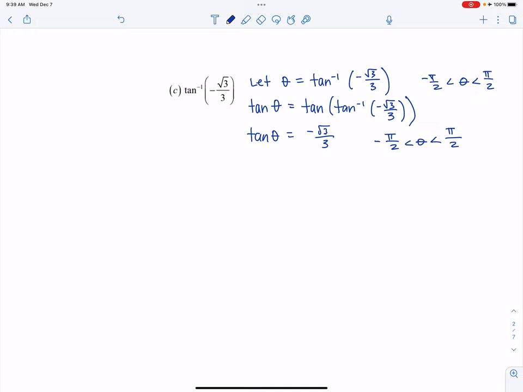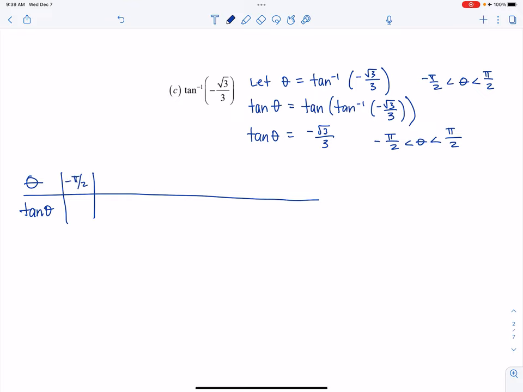So let's get a table going of our thetas and our tangents at these different theta values. So we're going from negative pi over 2 to positive pi over 2.